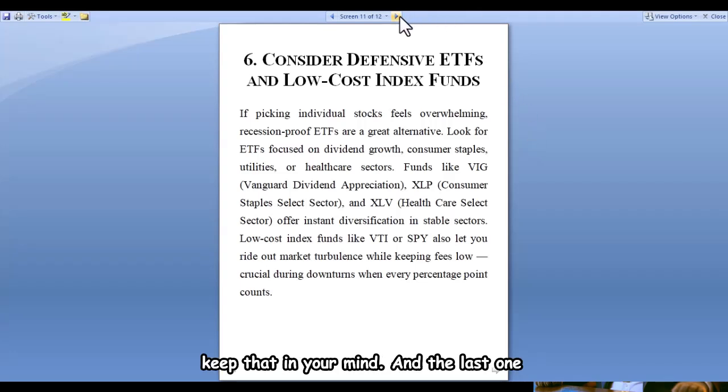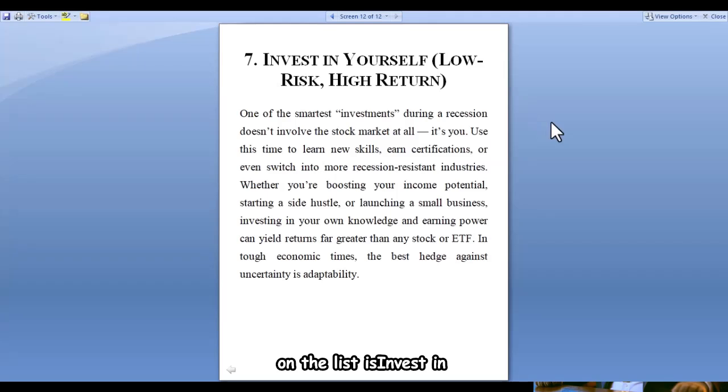And the last one on the list is invest in yourself. Low risk, high return. So one of the smartest investments during a recession doesn't involve the stock market at all. It is you. Use this time to learn a new skill, earn certifications, or even switch into more recession-resistant industries.